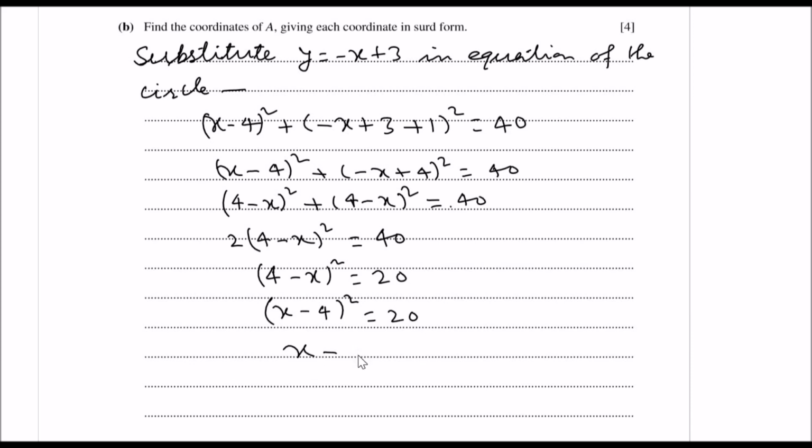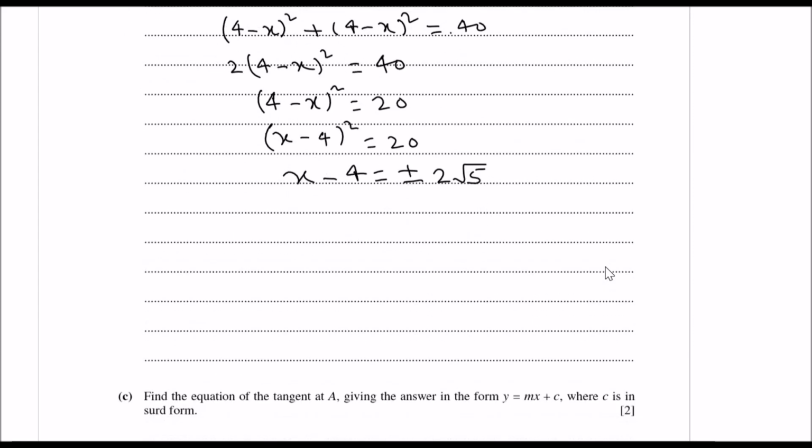So x minus 4 equal to plus minus square root of 20. We have to write in surd form, so root 20 is 2 root 5. Okay, so our answer will be x equals 4 plus minus 2 root 5.